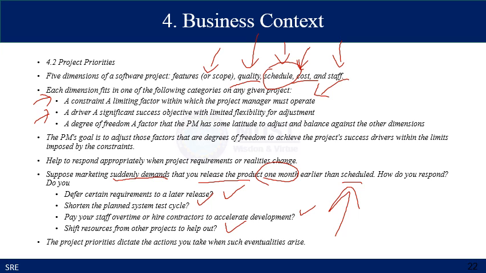So you have to respond by changing all of these five dimensions. For example, you have to change a few features to incorporate the major ones. You have to compromise on quality. You have to change the schedule. You have to put in more cost and staff. So the project priorities dictate the actions you take when such eventualities arise.